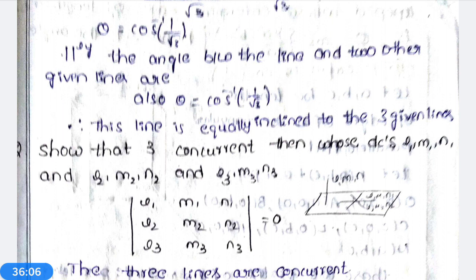If three lines lie on the same plane, then the three lines are said to be concurrent. That means the three lines intersect at a point. Suppose the three lines have DCs l1, m1, n1, l2, m2, n2, l3, m3, n3.